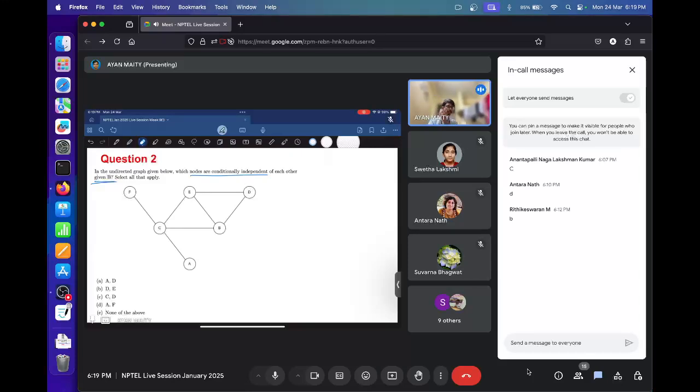In case of undirected graphs, it is much easier.